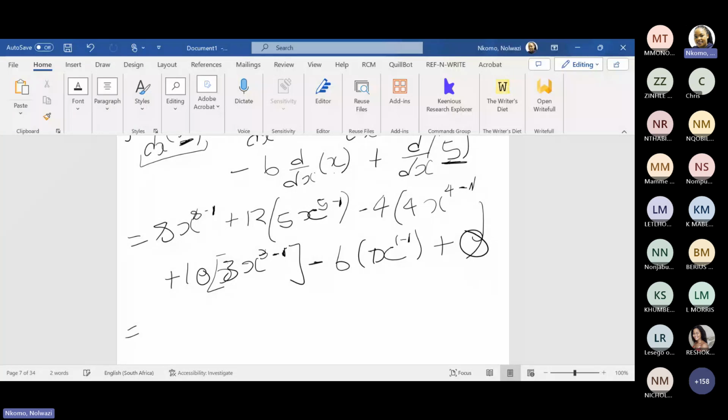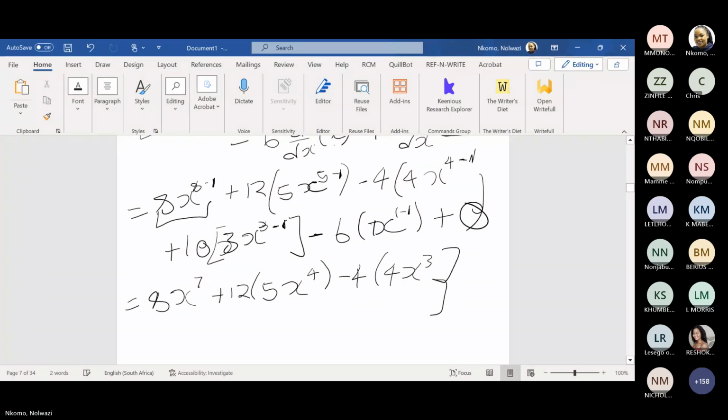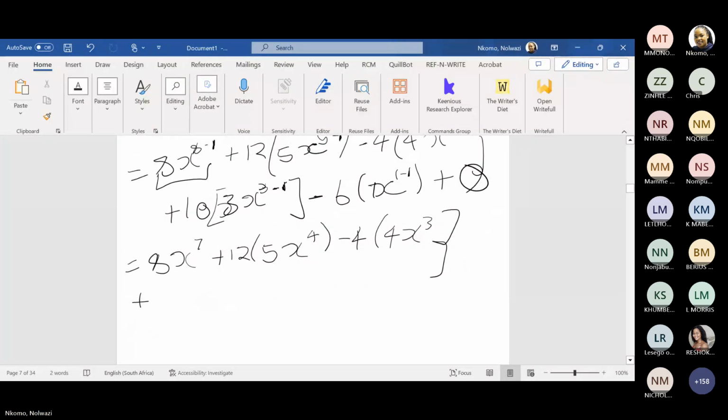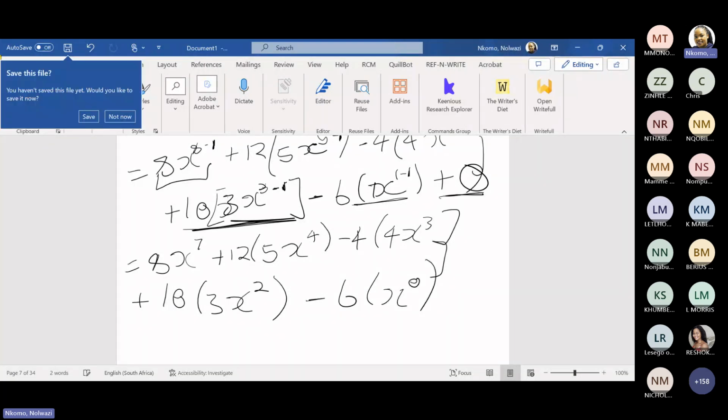This will give us 8x to the power 7, and then plus 12 times 5x to the power 4, minus 4 times 4x cubed, plus 10 times 3x squared, then minus 6 times x to the power 0. There is no need for us to write this plus 0.